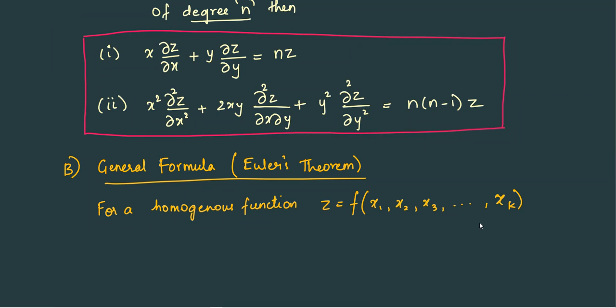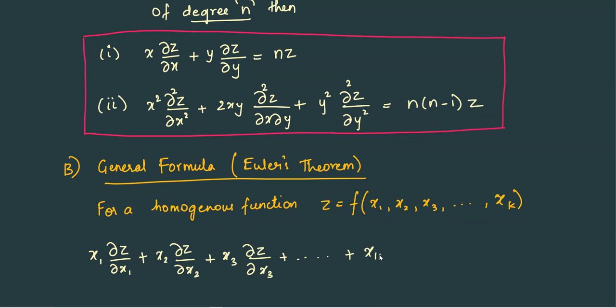So homogeneous function of k independent variables. We have x1 times dou z by dou x1 plus x2 times dou z by dou x2 plus x3 times dou z by dou x3, up to xk times dou z by dou xk will be n times z.